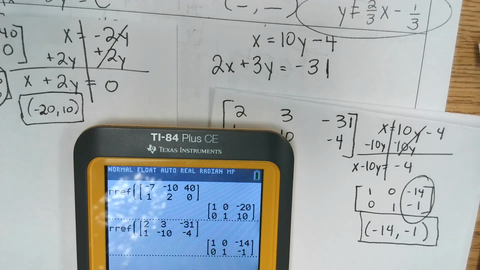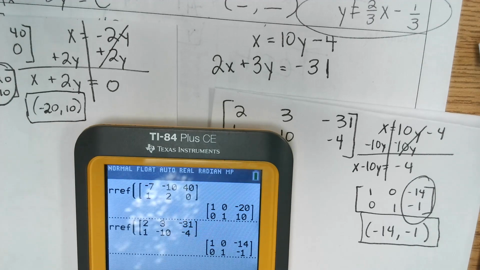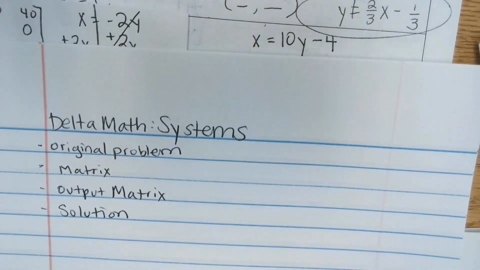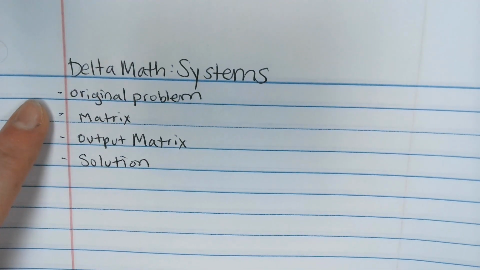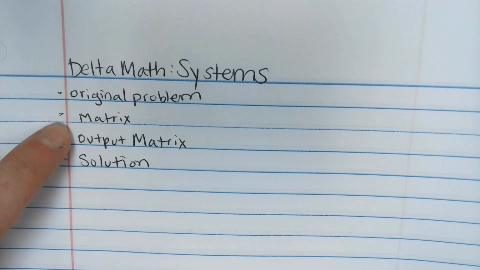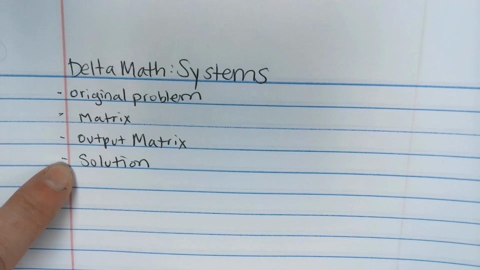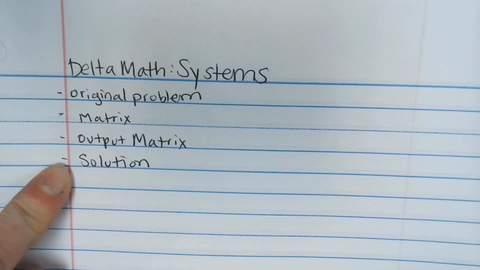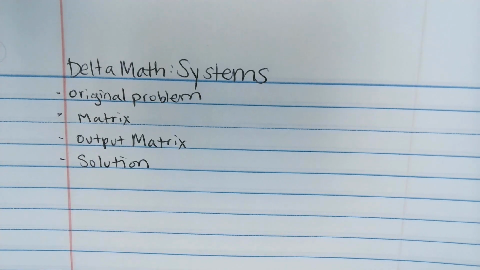For each of the problems, I do need you to write things down. So I'm going to pass out some paper, but on each problem, look up here. I'm going to have you write the original problem, write the matrix, write the output matrix, and the solution on the 10 problems for that. Then there's 5 graphing or finding the solution from the graph. You can use Desmos on that.